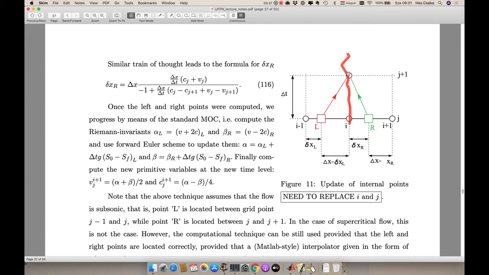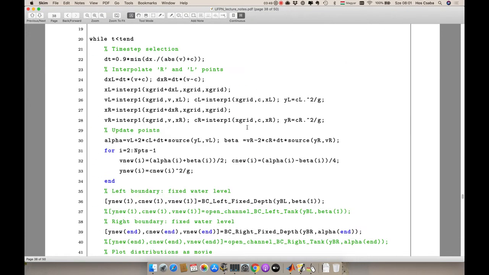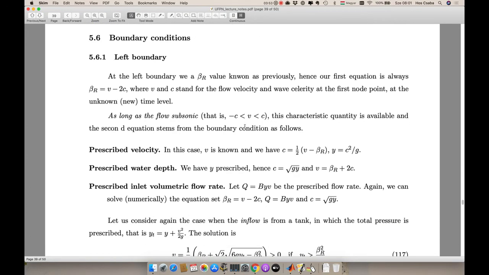So the basic feature that at the boundaries we have one characteristic line does not change, at least at first. Okay, so what we do is we come down here for this section, boundary conditions. Okay, and let's first deal with the left boundary.